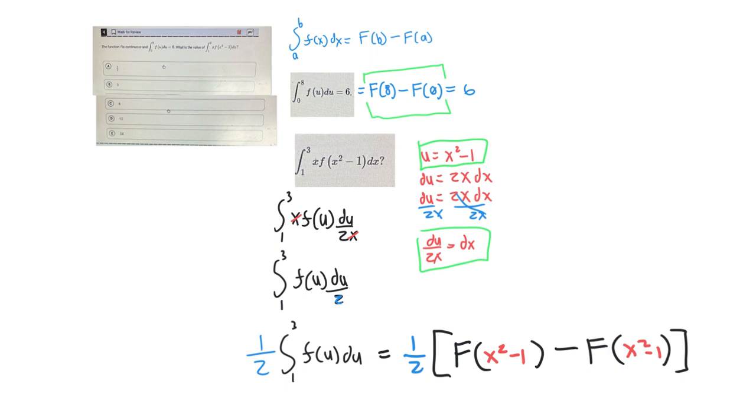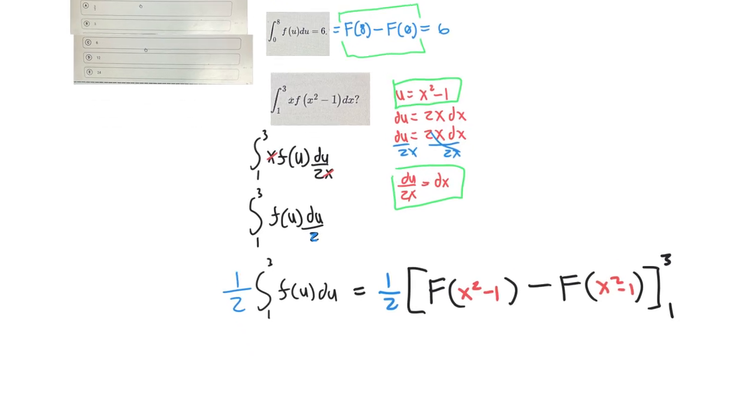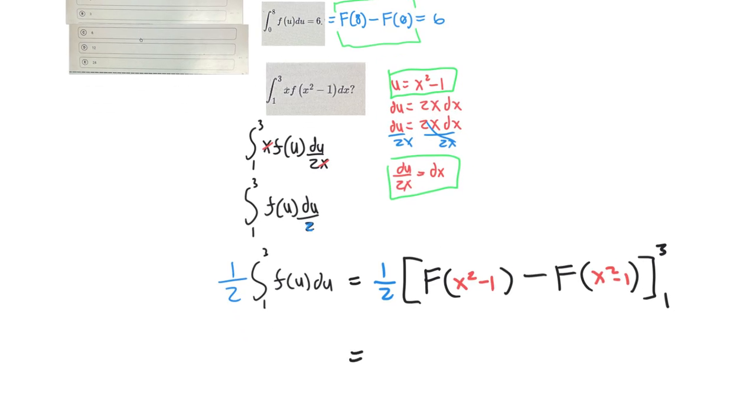And we know that as it pertains to these limits here, we have a 3 and a 1. So hopefully my student is recognizing that ultimately this is kind of like 1/2 big F of something squared minus 1, namely 3 in this case, minus big F of something squared minus 1, namely 1 in this case.